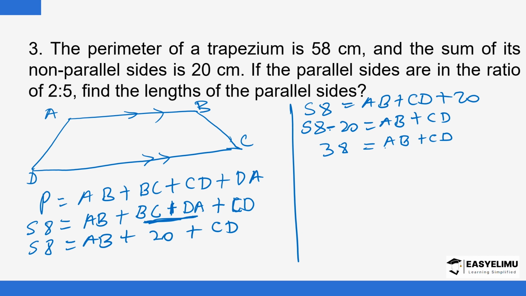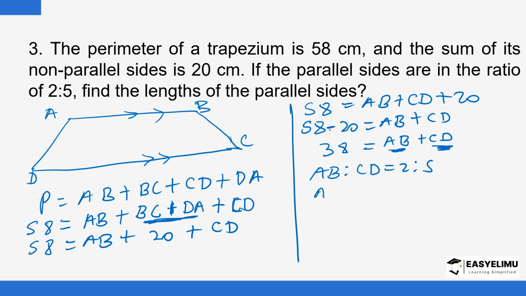So this sum of the two is shared in the ratio of 2:5. It means the ratio of AB to CD is 2:5, because AB is shorter, so we are starting with AB to CD.